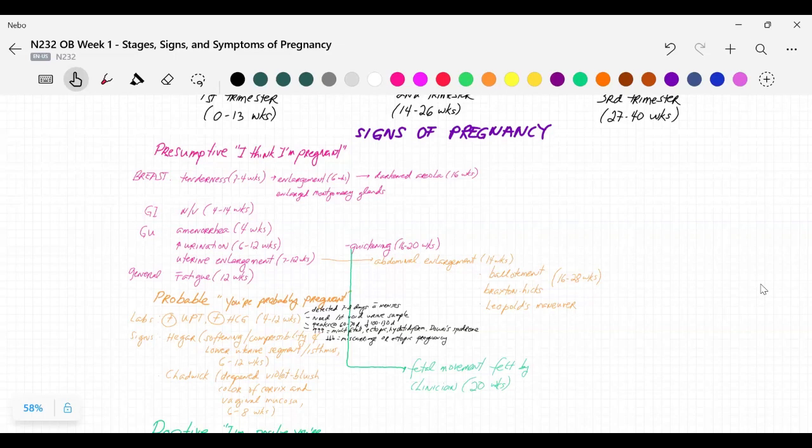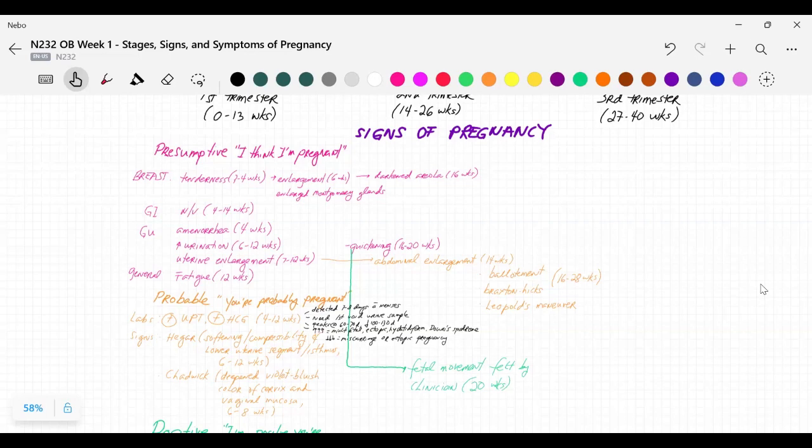Yeah. About the same thing. Absolutely. So, when we talk about labor in week 2, you'll know that Braxton Hicks is very inconsistent. It comes and goes. When it becomes true labor, the timing of it becomes more consistent.